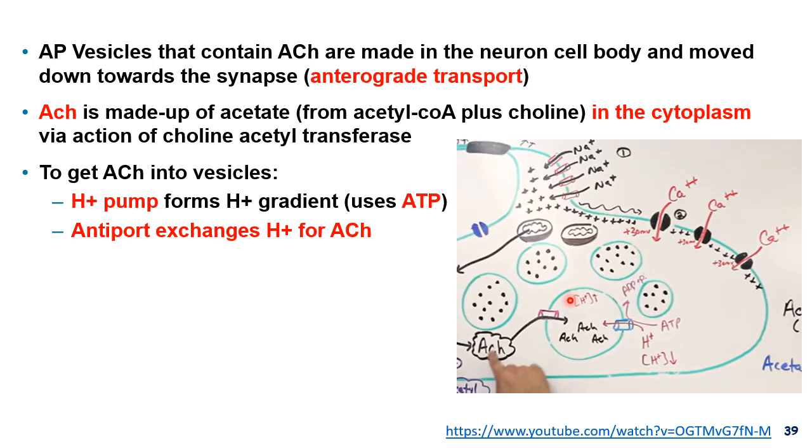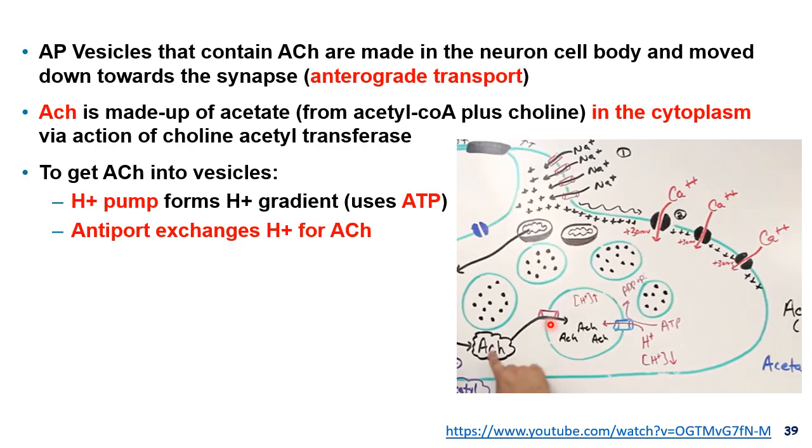So what this antiport channel is going to do is use the proton that has a high gradient, high concentration inside of the vesicle, and exchange. It's going to kick out one proton and allow in one acetylcholine. Okay, so this antiport movement is going to allow packing of acetylcholine in high concentration inside of this vesicle.